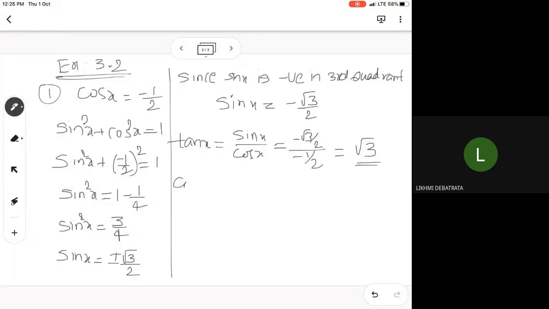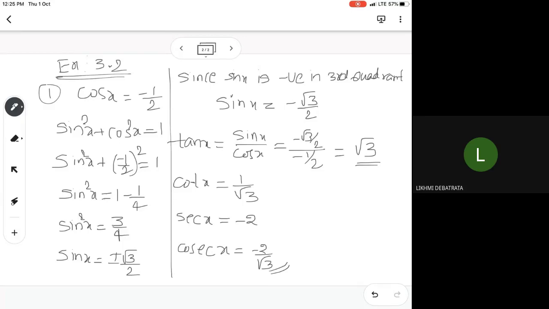So cot x is the reciprocal of tan x, 1 by root 3. Secant x is the reciprocal of cos x, which is minus 2. Cosec x is the reciprocal of sin x, which is minus 2 by root 3. Like this you have to find the other trigonometric ratios.